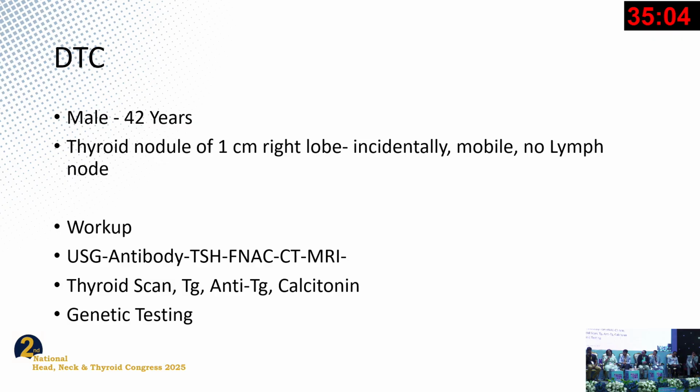I can say this is a 1 centimeter mobile incidentally detected nodule, and FNAC will not be done unless it is radiologically suspicious, or there is any family history, or any radiation history. I'm sure Dr. Suman can throw more light on that. But if the patient fits any of these categories, any clinical or radiological suspicion, FNAC may be done. Okay. So for less than 1 centimeter, we do not have to do it, just keep follow-up.